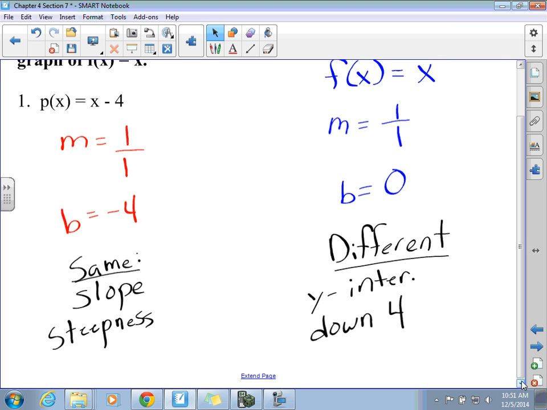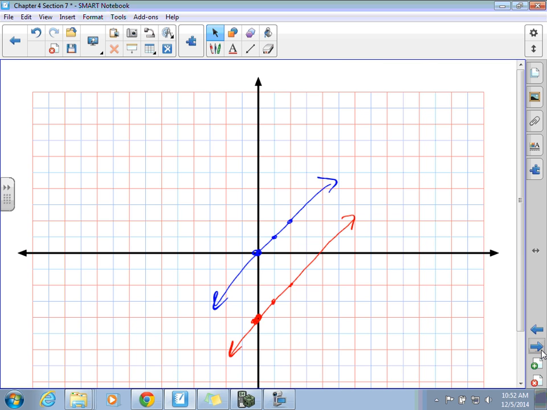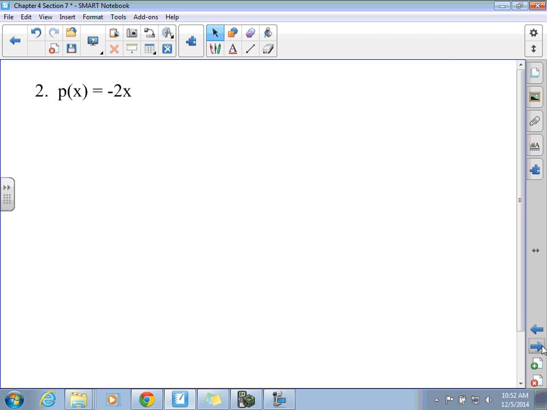Last one. Here's a kid. What's the slope? -2 over 1. What's my B? 0. Okay, now we're going to do the parent again. F of X equals X. What's my M? 1 over 1. What's my B? 0. Okay, same.